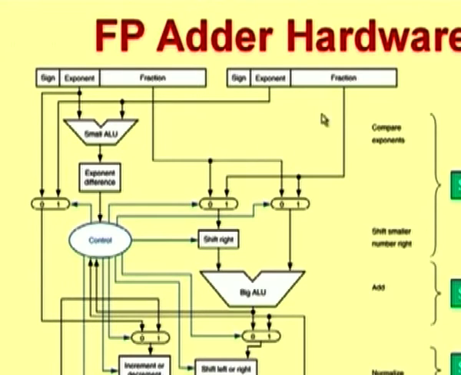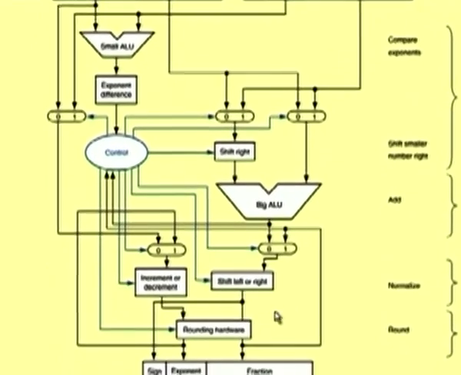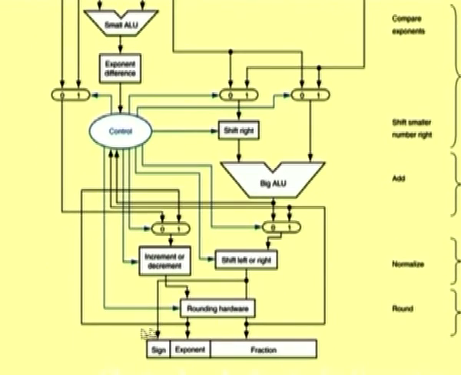For an addition, remember we will have to compare the exponents and do a shifting of the mantissas based on that. You do a shift operation and then the actual addition of the mantissas will take place, and then you will do a normalize step and then rounding if necessary, to find the final answer. Similar hardware is used for subtraction as well, and multiplication and division again will use some similar hardware.